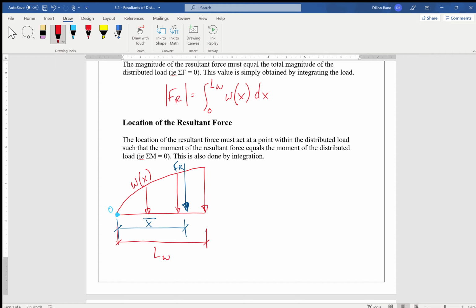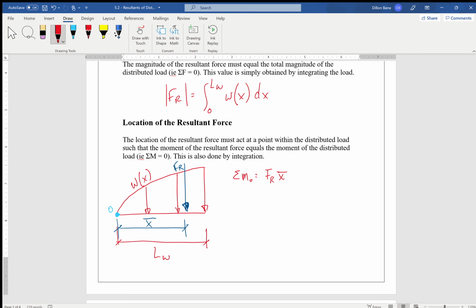What is the moment of the resultant force about point O? If we sum moments about point O, we have the resultant force FR times X bar, right? The perpendicular distance between point O and FR is just X bar. So FR times X bar gives us the moment about O.